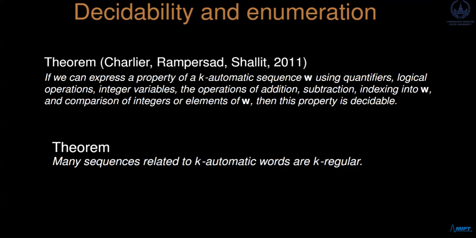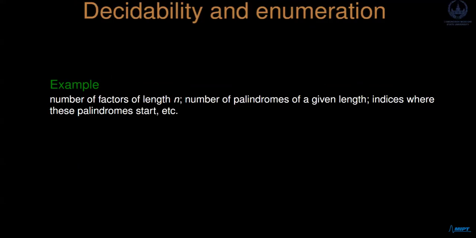So let's see one example. To further illustrate the concept of decidability in K-automatic sequences, let's look at a few concrete examples of properties that can be decided for these sequences.